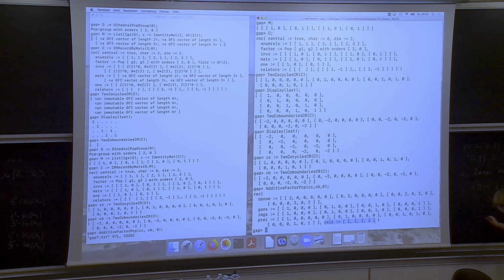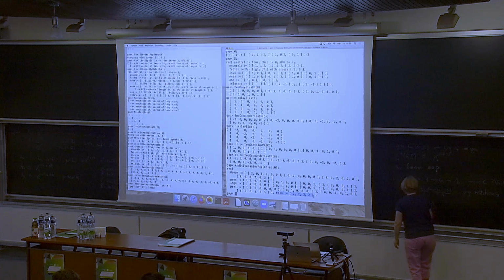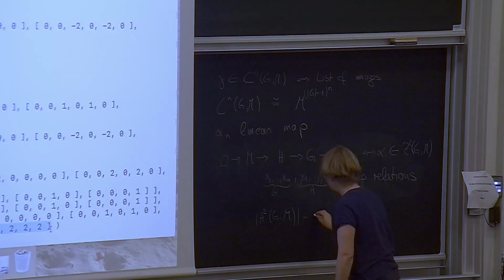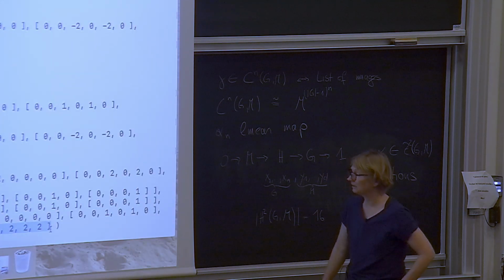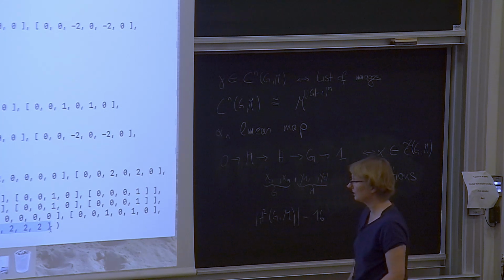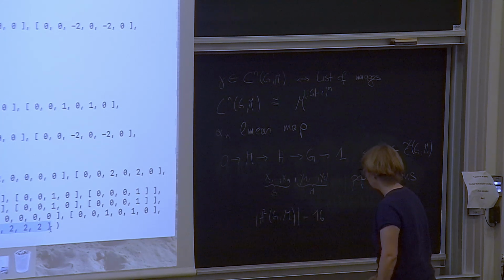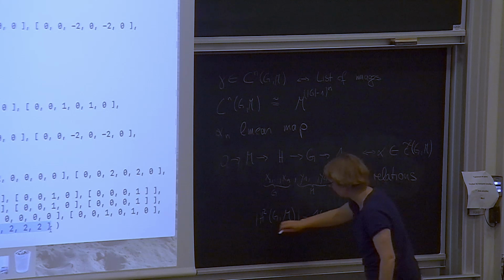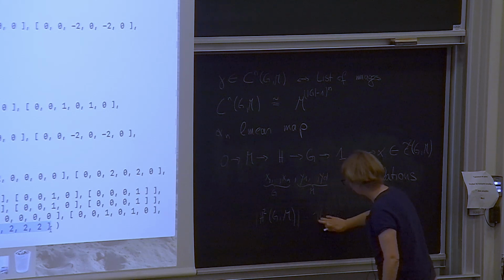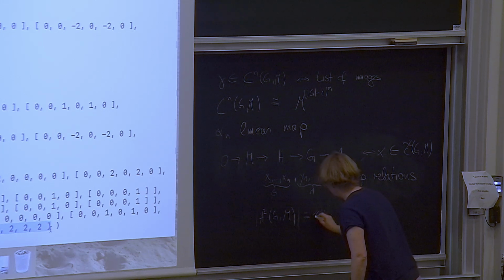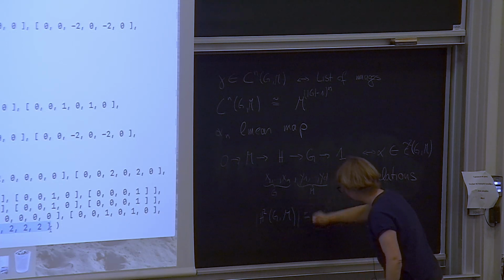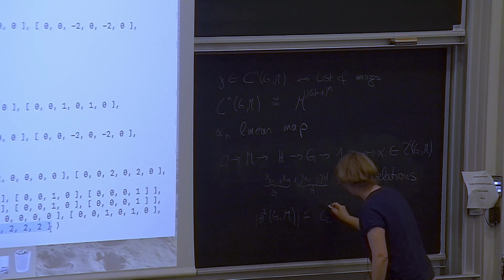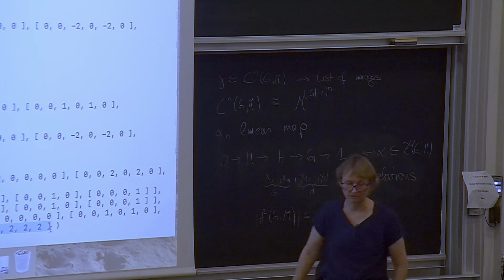So H2 of G with this module M has order 16. The relations even tell you more. It's an elementary abelian group of order 16. So we could actually do this more explicitly: C2 to the 4. That's what comes out of it.